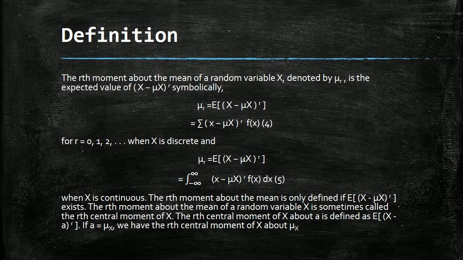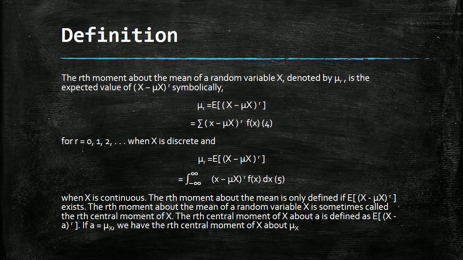The rth moment about the mean is only defined if E[(X − μ_X)^r] exists. The rth moment about the mean of a random variable X is sometimes called the rth central moment of X. The rth central moment of X about a is defined as E[(X − a)^r].